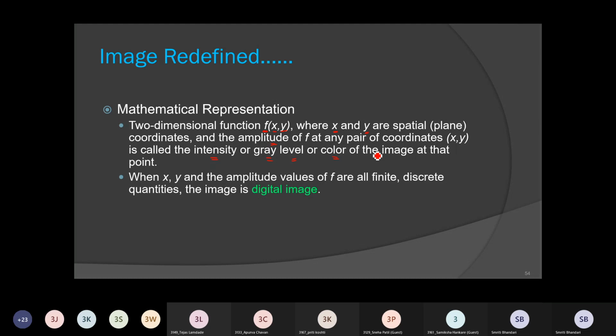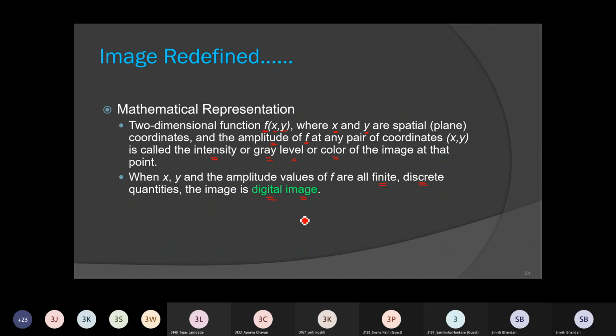So we now have x and y, these two variables, and one value is represented, the amplitude of f, which is available in terms of intensity. Whenever x, y and the amplitude values of f are all finite or discrete, then we say that this image is a digital image.